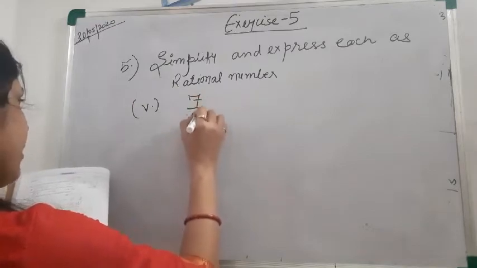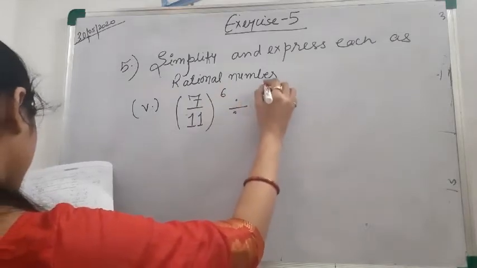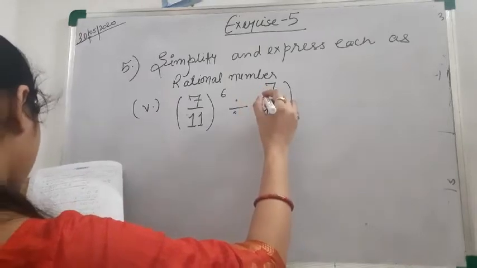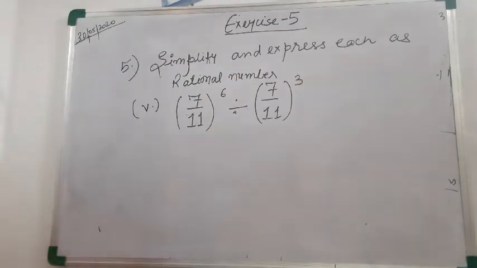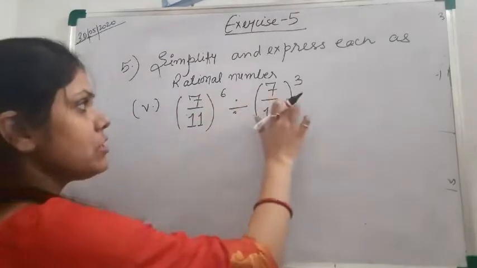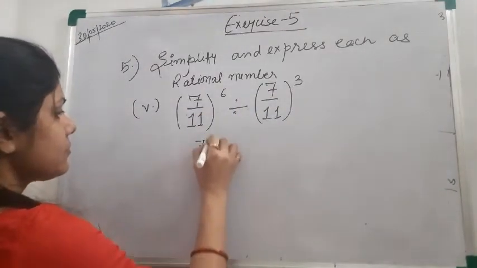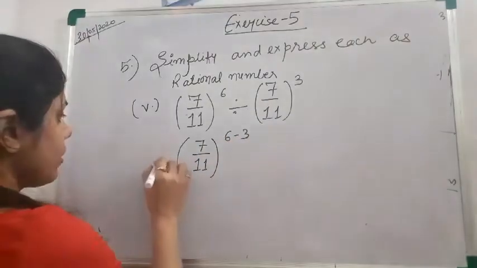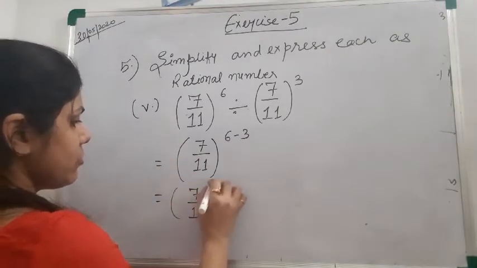(7/11)^6 divided by (7/11)^3, and this you have to solve. Again the bases are the same, 7 upon 11 here also, 7 upon 11 here also. So 7 upon 11 to the power 6 minus 3 because division is there. Then you will solve 7 upon 11 to the power 3.